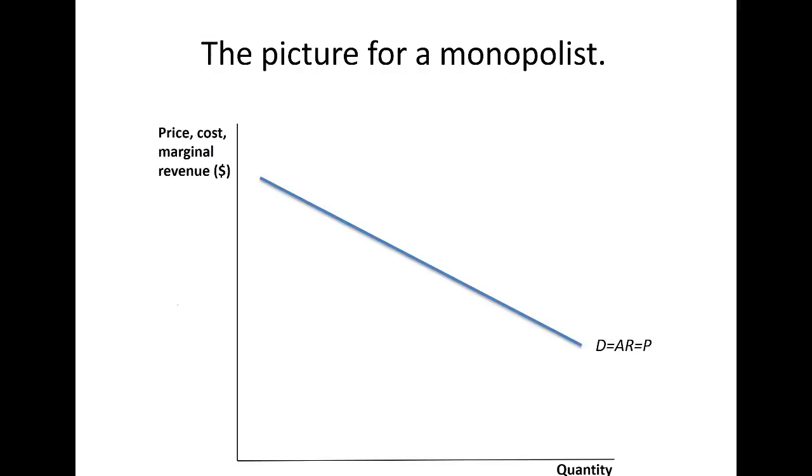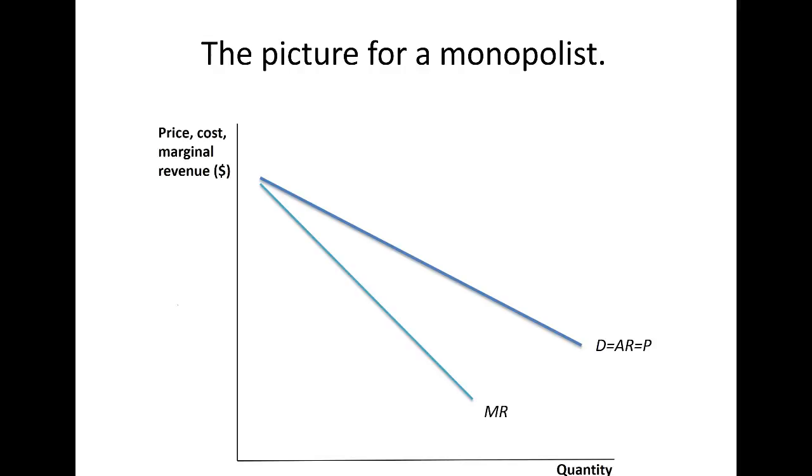So the first thing we'll have in here is D, AR, P. That's the downward sloping demand curve that a monopolist faces. We'll from there add the marginal revenue curve, which we've said a few times now has to be below D, AR, P because of that price cutting effect when you want to sell more quantity. And from there, those are the two revenue curves for monopoly.